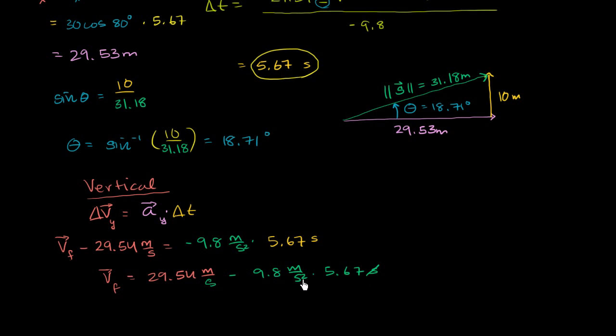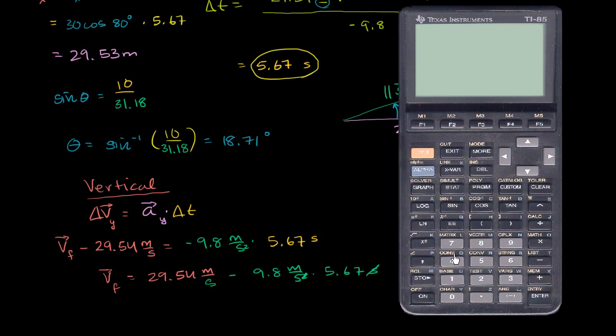The seconds cancel out with one of these seconds, so everything is meters per second. And so let's get the calculator out again. We have 29.54 minus 9.8 times 5.67.